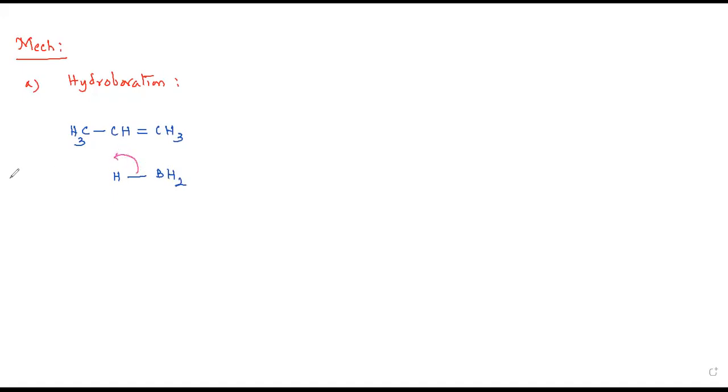This of course goes here, and this gets connected here, or you can actually show it this way. This of course comes here, no problem. So this is what I say as a syn addition, because addition is from the same side, this way.